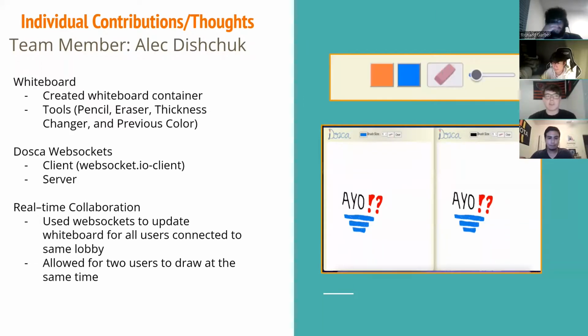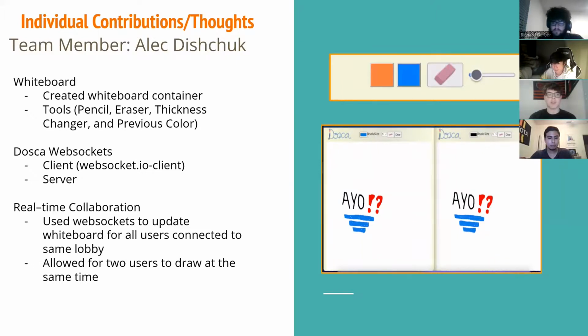Okay, so I was responsible for the whiteboard itself. So I created the whiteboard container and what users could draw on. And additionally, I also created a working pencil, which you could change the thickness of, the eraser, and then the ability to choose the previous color you're using. And then additionally, I also installed the WebSockets that allowed for the real-time collaboration.